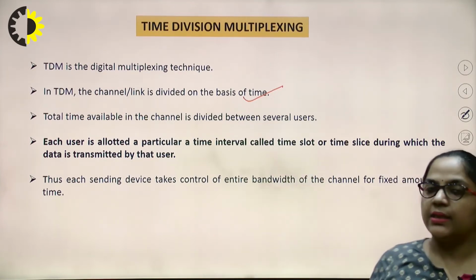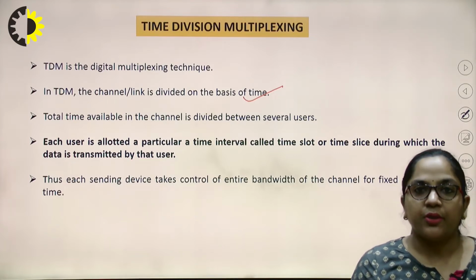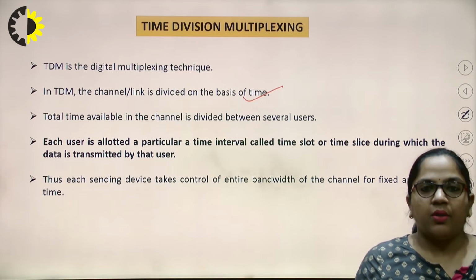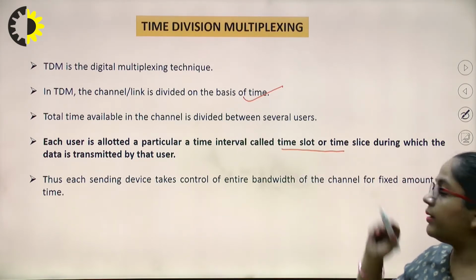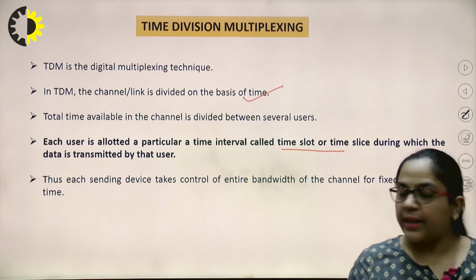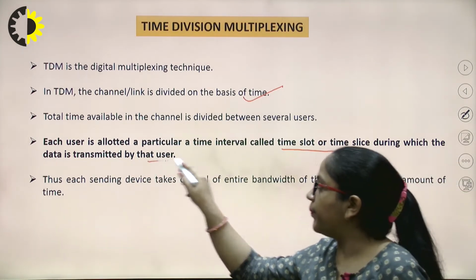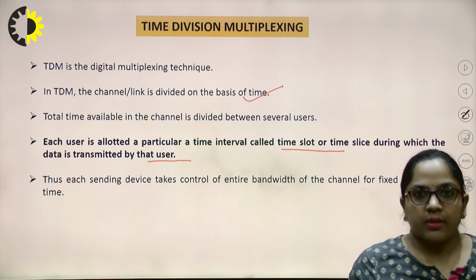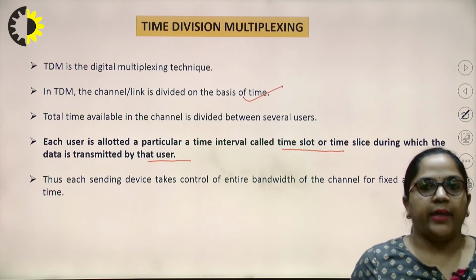In this type of multiplexing, each user is allocated a particular time interval called a time slot or time slice, during which the data is transmitted by that particular user. Only that user can transmit or receive data in that particular time slot.